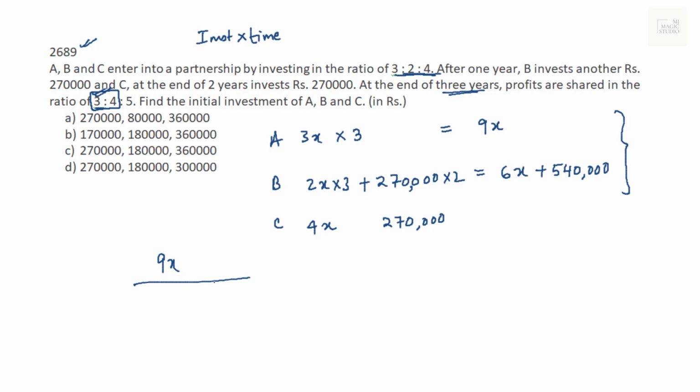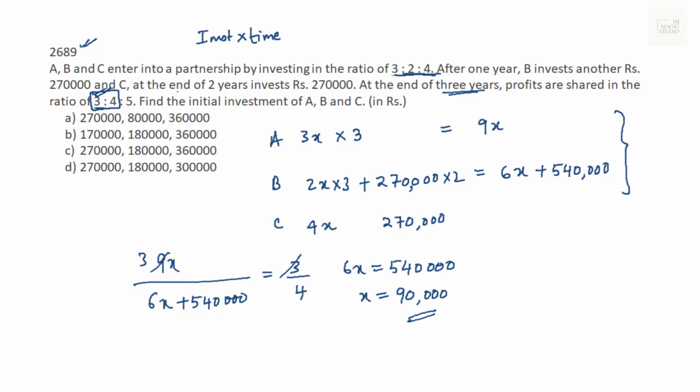Therefore 9x by 6x plus 5,40,000 equals 3/4. So 3x into 4 is 12x minus 6x is 6x. 6x is 5,40,000. So the variable we are looking for, x, is 90,000. Now the question, find the initial investment.